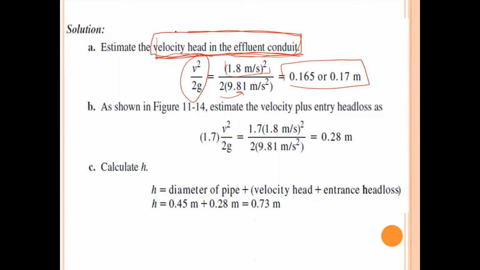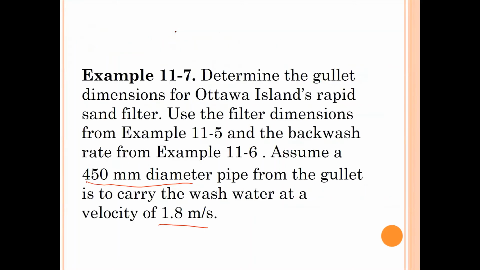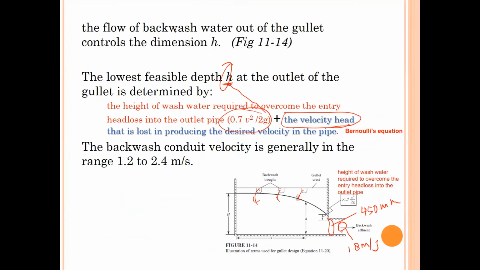Also, if we combine it with the entry head loss into the outer pipe and the velocity head, this will be 1.7 V square over 2g, all together.